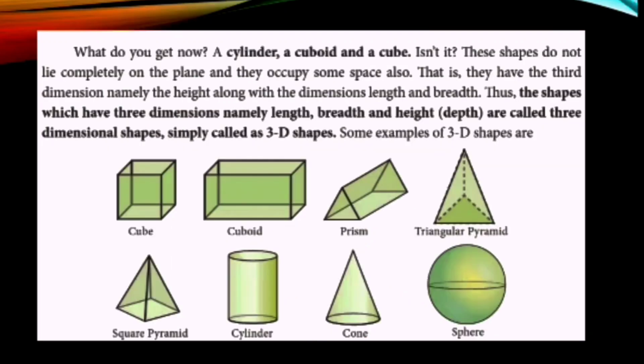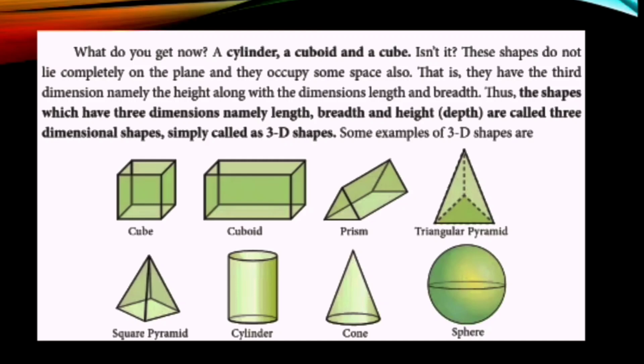Here they have given some examples for 3D shapes: cube, cuboid, prism, triangular pyramid, square pyramid, cylinder, cone and sphere. If you have a cubic square with you, that represents a cube.